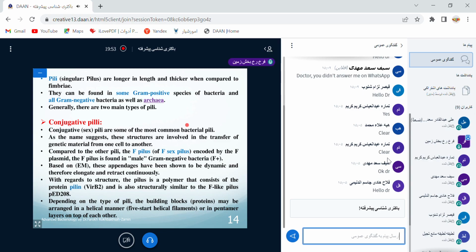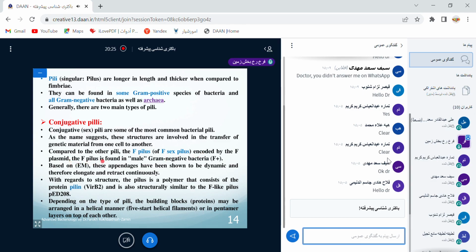Conjugative pili, conjugative or sex pili, are some of the most common bacterial pili. As the name suggests, these structures are involved in the transfer of genetic material from one cell to another. The F pilus, or F sex pilus, is encoded by the F plasmid.